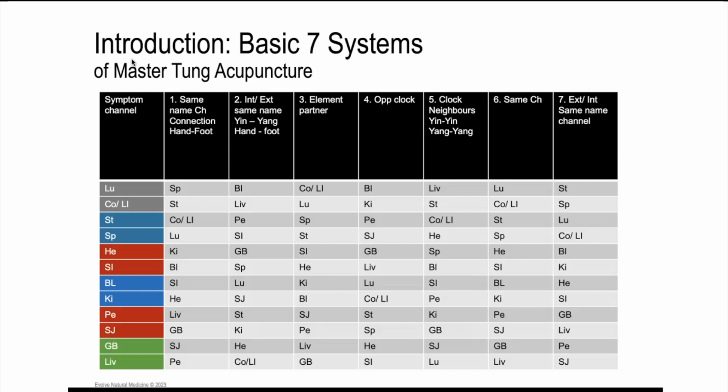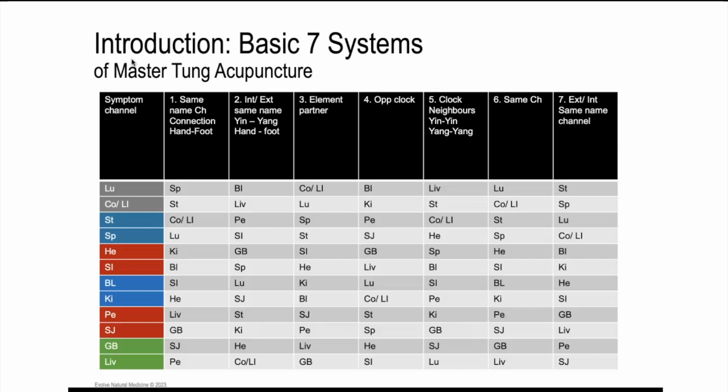So rather than having to remember all the symptoms and all the issues that a point will treat, you can actually start to break it down by understanding the 7 systems. So it's a lot faster, a lot simpler, and when you're starting out, a much simpler way of engaging with this process without becoming overwhelmed.